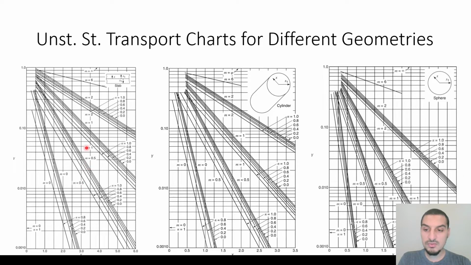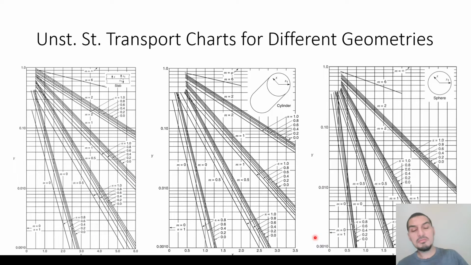It's m equals 0.5, m equals 1, m equals 2, and m equals 6. The same here: m equals 0, 0.5, 1, 2, 6. So each group has a constant value of m, and each line in this group represents a constant n. The leftmost line here is n equals 0.8, then 0.6, 0.4, 0.2. This is what these arrows represent, and the same for the other groups.